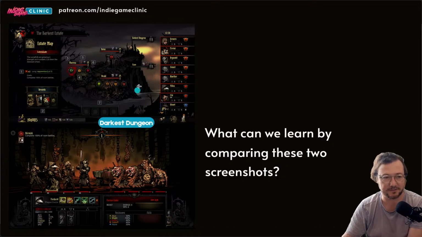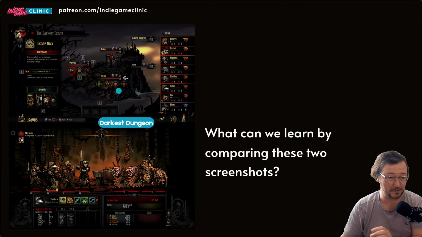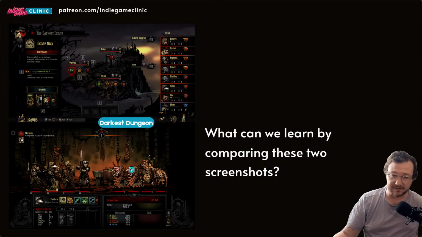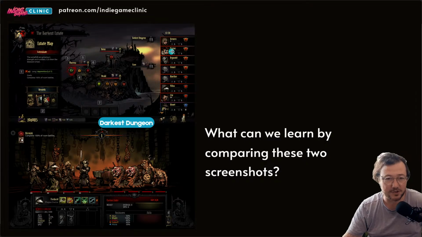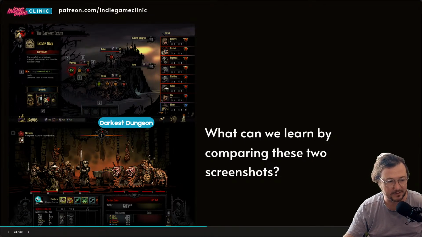You understand they're from the same game because the style is the same, and there are loads of common design elements in terms of style. But this menu and this menu do not share the position of particular things. In fact, I think the only thing familiar between these is this guy's portrait.